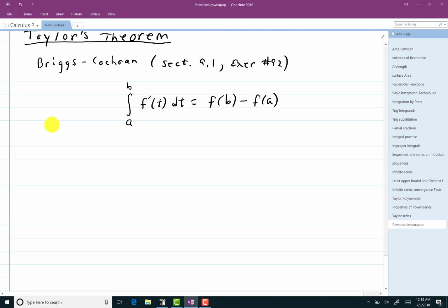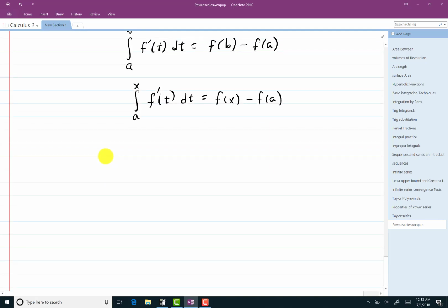So with that in mind, I can do the integral from a to x. Now I'm going to let the top limit be variable. However, I'm going to fix x throughout the rest of this problem because x is going to be just a number. So I can do the same thing, f prime of t dt, that will equal f of x minus f of a.